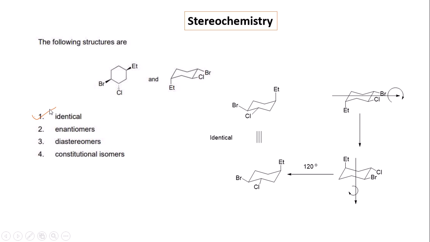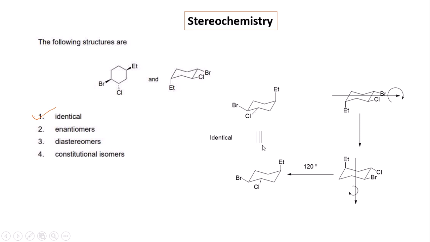Next is the stereochemistry-related problem. Here two substrates are given, and if this substrate is converted to the chair conformation, then this ethyl group comes to the upside, and this bromine group comes to the upside, and this chlorine group comes to the below side.